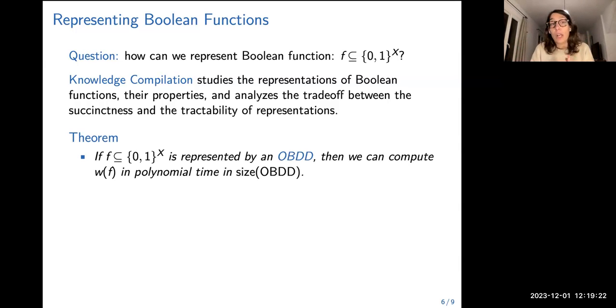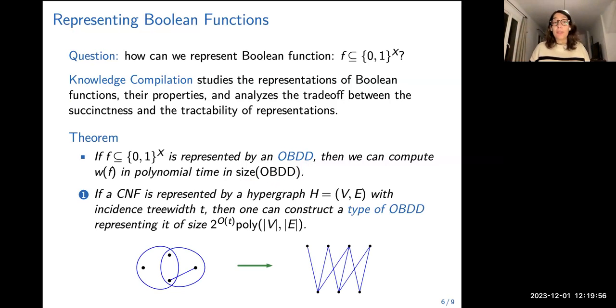And one important theorem in knowledge compilation is that if your Boolean function can be represented by one of these acyclic graphs, then you can compute the weighted Boolean function that we're interested in polynomial time in the size of this graph, so basically in the number of edges, since it's acyclic. So now the real goal is understanding when and how we can represent our Boolean functions with an OBDD that doesn't blow up in size. Okay?